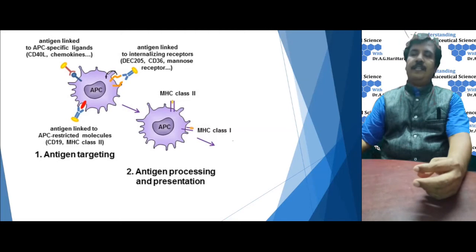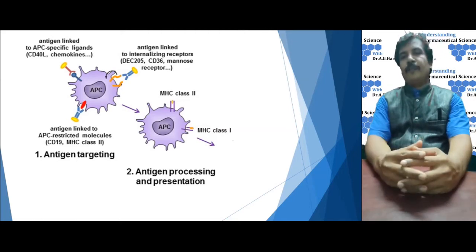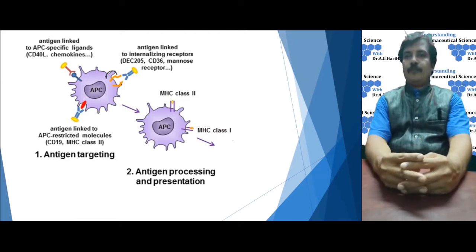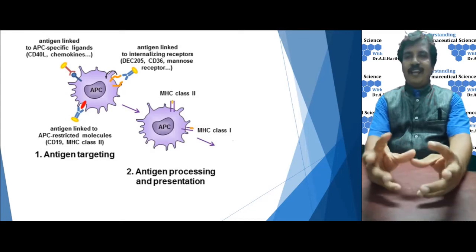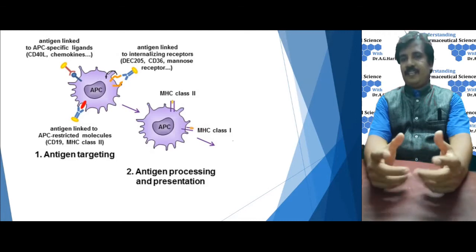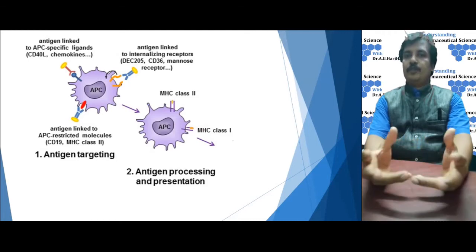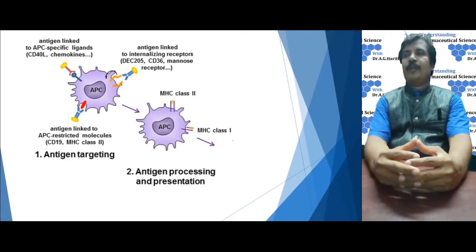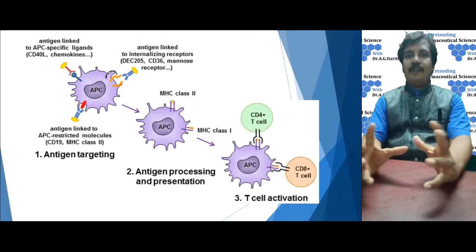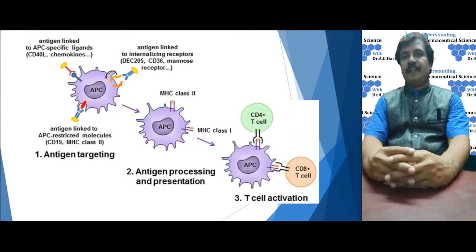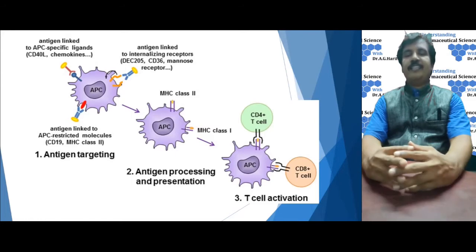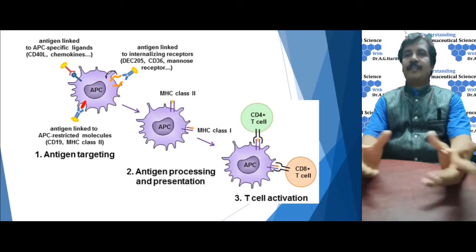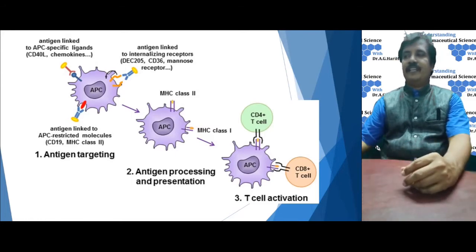It can present in two forms: one is called MHC Class I and the second is MHC Class II. After antigen processing and presentation, it may be on major histocompatibility complex Class I or Class II. The binding of the cells, that is the helper T lymphocyte or the TC cells, will stimulate the specific mechanism of cell mediated immunity.